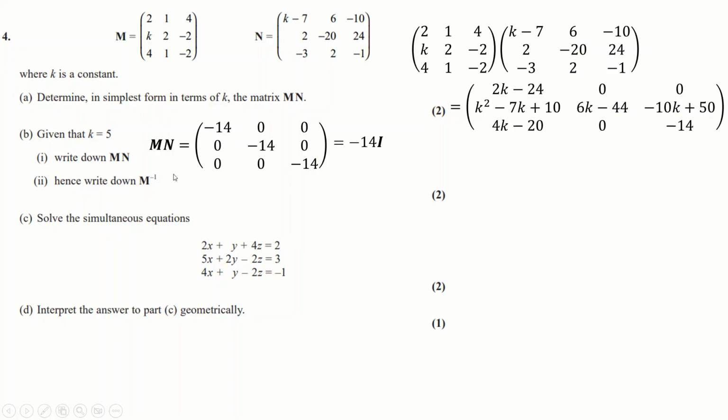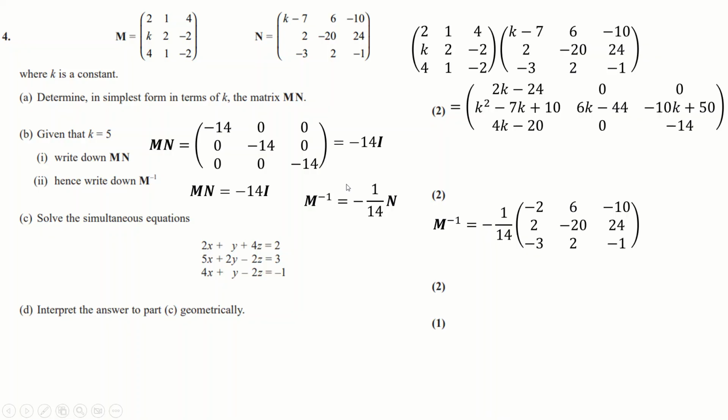They want you to notice that m times n is essentially the identity, so therefore n is the inverse of m. Now it's not quite because of this minus 14, but you can slightly rearrange that to say that the inverse is going to be minus a 14th of n. So you just use this factor in the front. If you just substitute in k as 5 into n and put the minus 14th on the outside, you'll get the answer there.